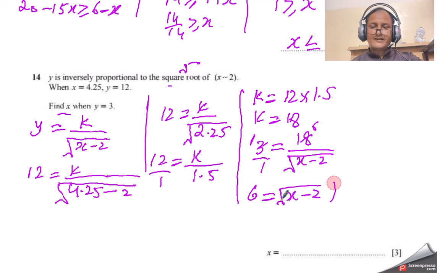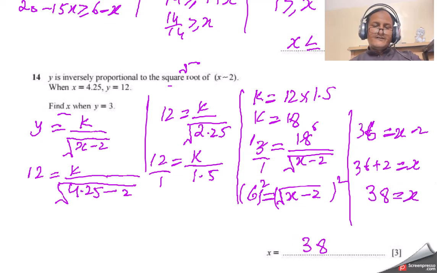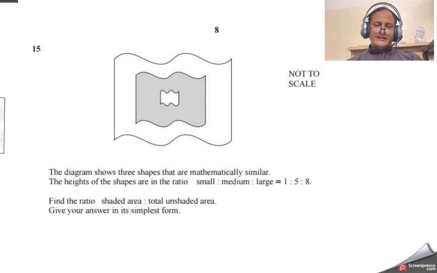By squaring both sides to eliminate the square root, we have 36 equals x minus 2, and then 36 plus 2 equals x, so x equals 38. Very simple question, but just don't forget to put the square root over here.